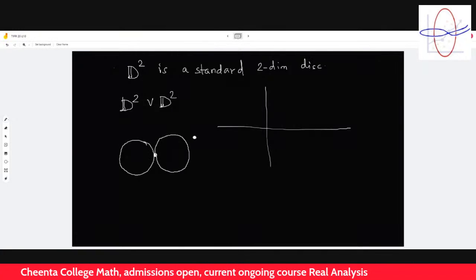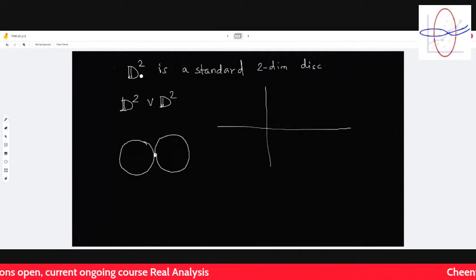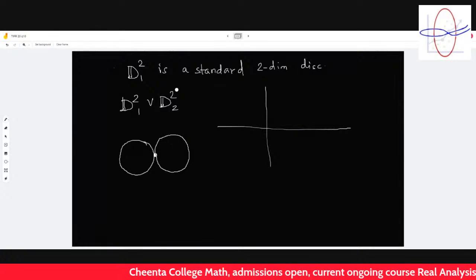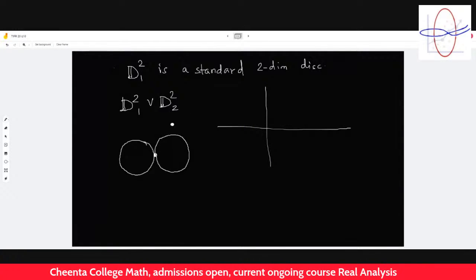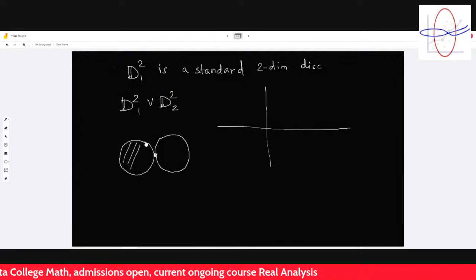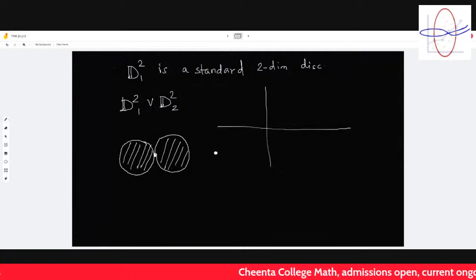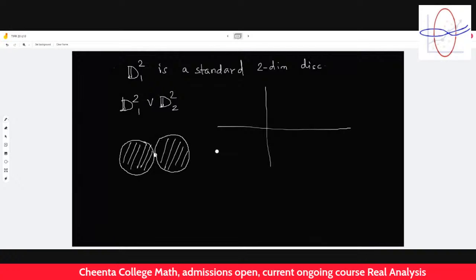So there is this connection. Let's just say D21 and D22. If I take these two disks in R2, then the wedge means that two disks are connected at a single point. That means they have a common tangent at a single point. That's precisely what it means.